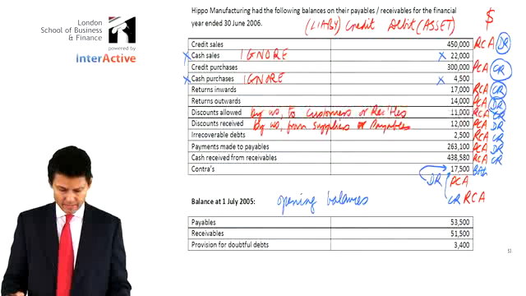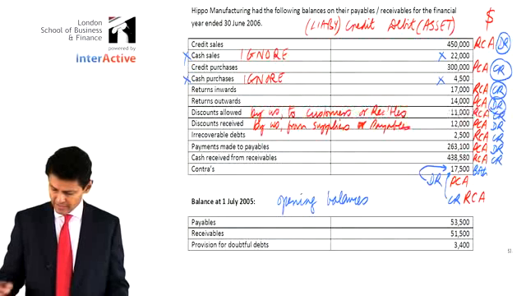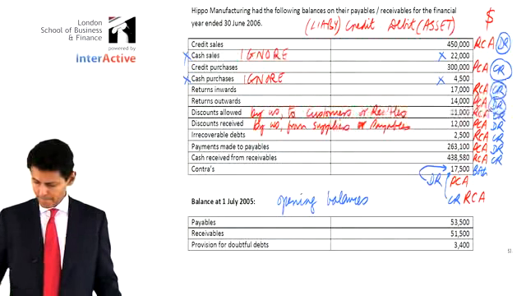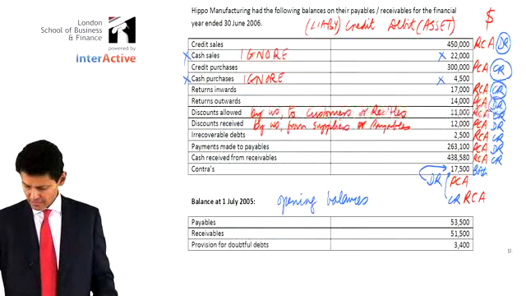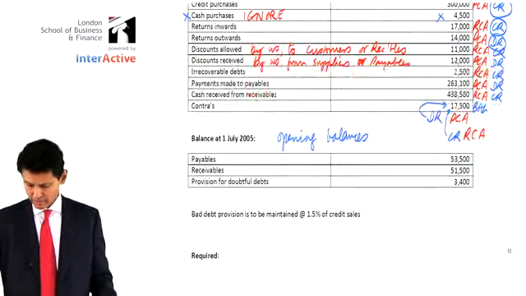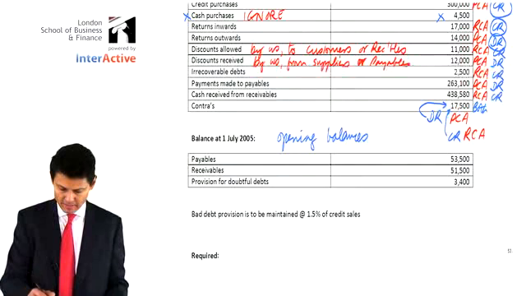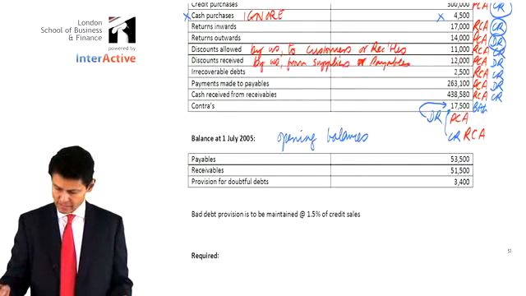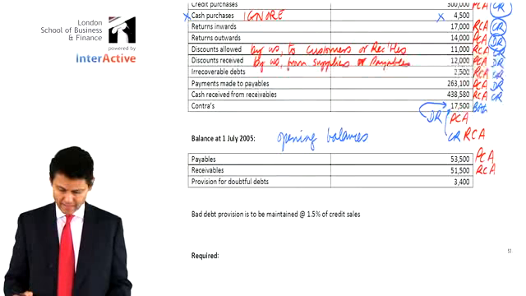The only trick point, by the way, is whether these are payable control items or receivable control items. Needless to say, the first one is payable control, and this is a receivable control. Clearly the first one is a credit, this one is a debit, and so it goes on.